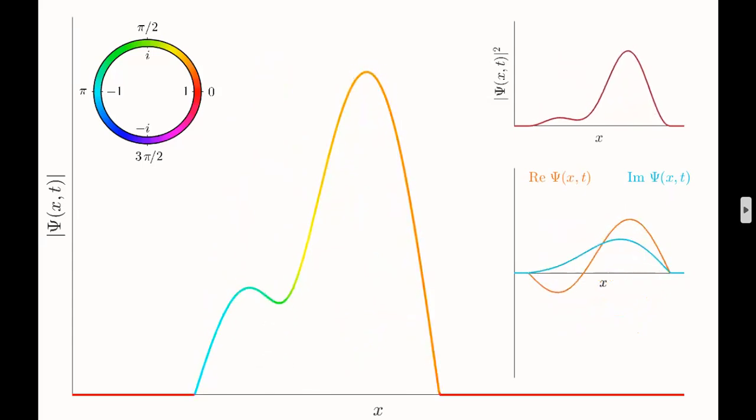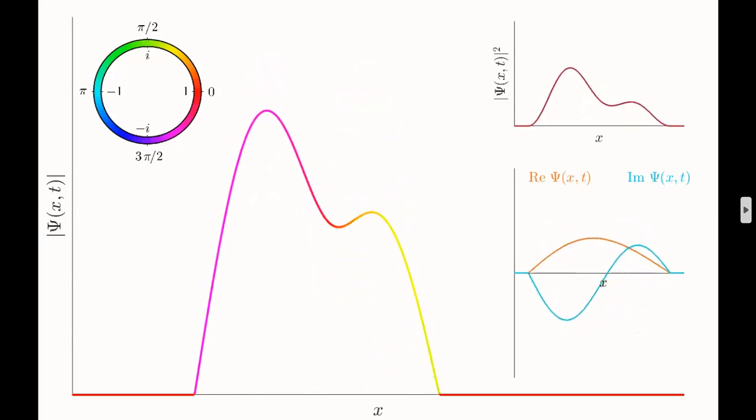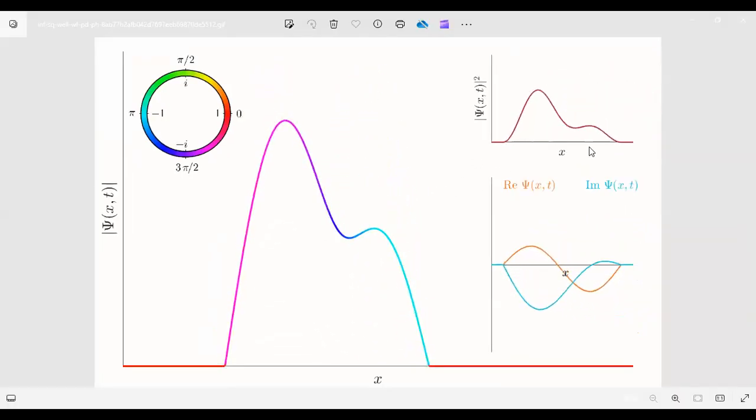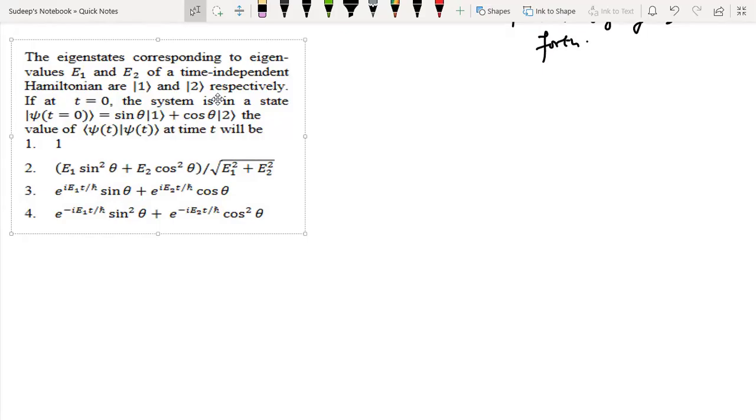I hope this image gives you certain insight. That's why I focus on the problems that were asked in the examination, which utilize this concept of dynamics of the energy eigenstates.